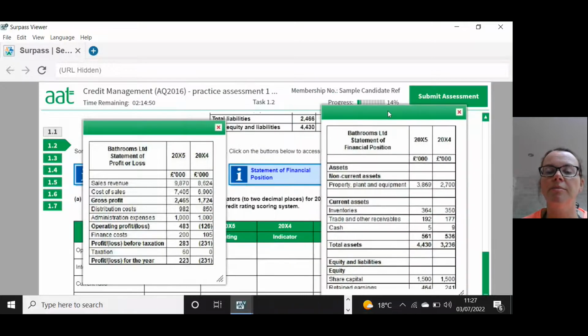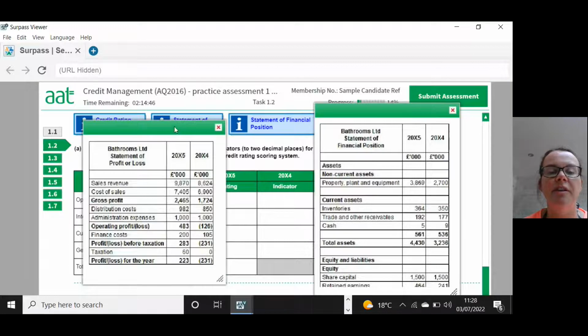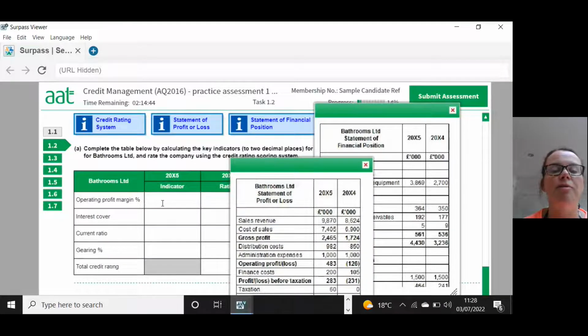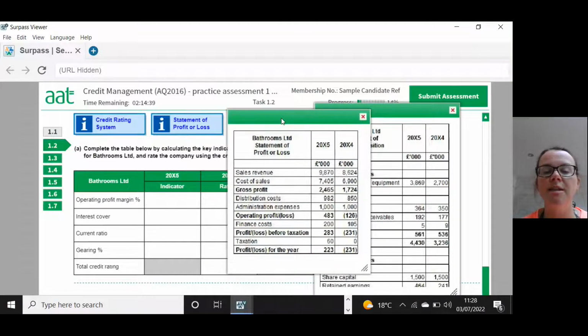Right, so I've got my two statements there. And then the first thing that I'm being asked for is the operating profit margin. So the operating profit margin is going to be my operating profit. I'll just do the X5 figures because obviously it just gets repetitive otherwise. So the operating profit margin is going to be the 483 divided by the 9870 and times 100.